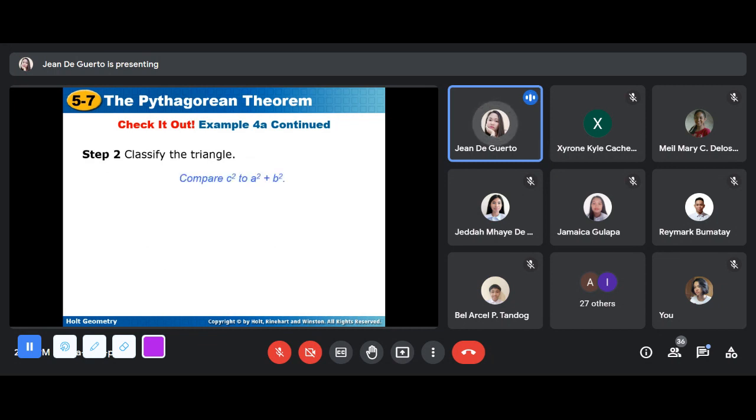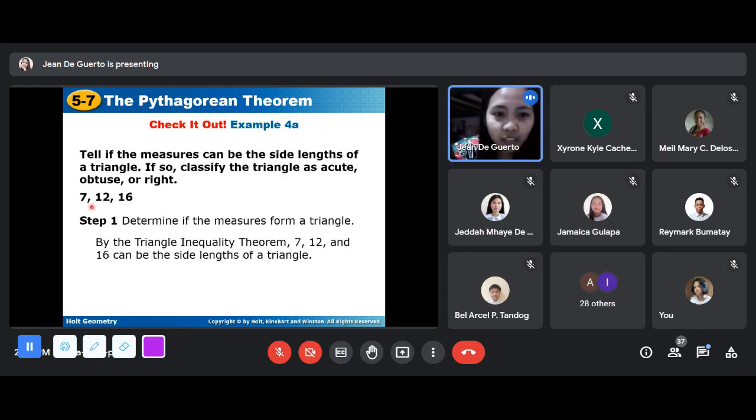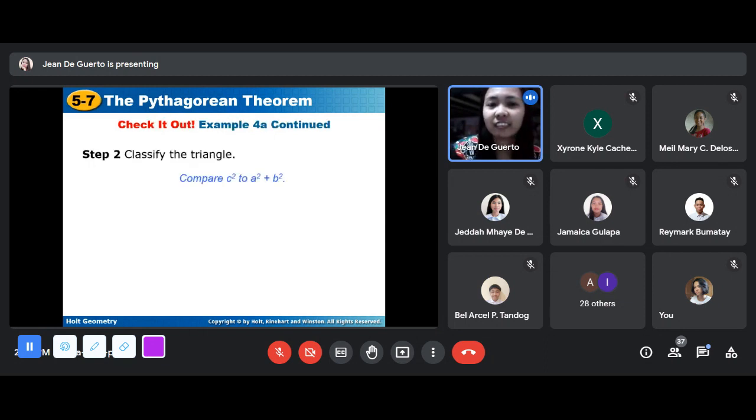So anong klaseng triangle yan? Ano yung mga length? 7, 12, and 16.